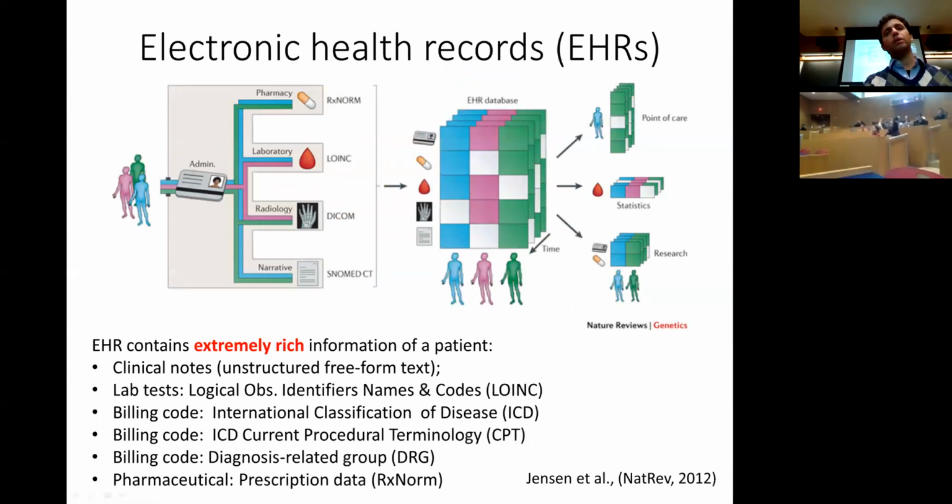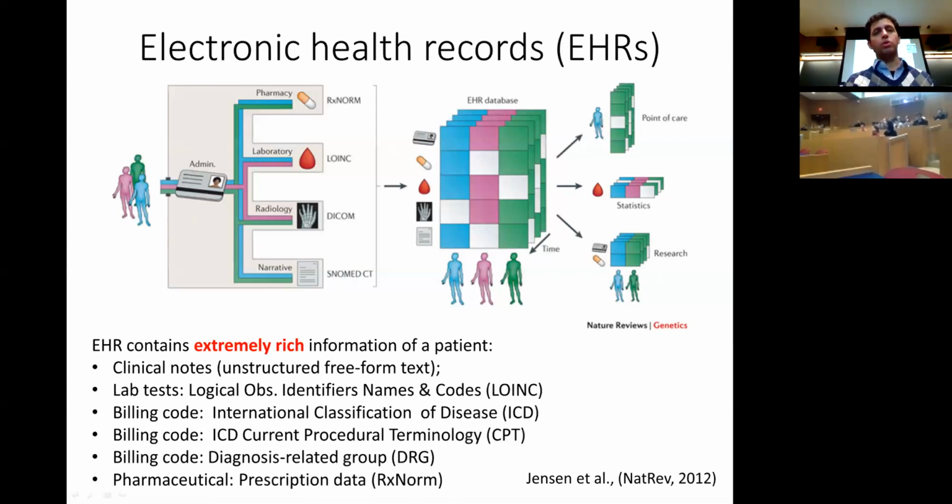And they also contain free text information from the doctor taking notes. And all of that has been put into various databases over the last few years, increasing digitization of these data sets, which can be used in point of care, which can be used to infer statistics across different types of variables, and which can also be used to carry out research.